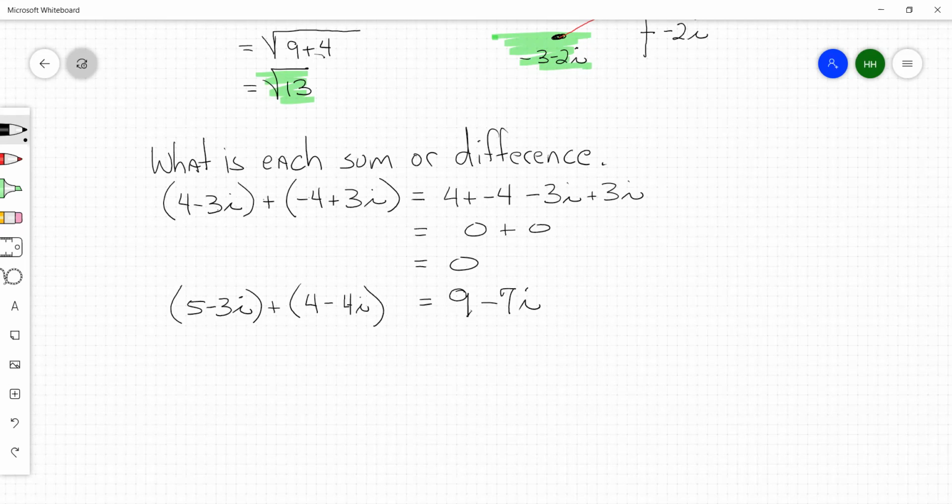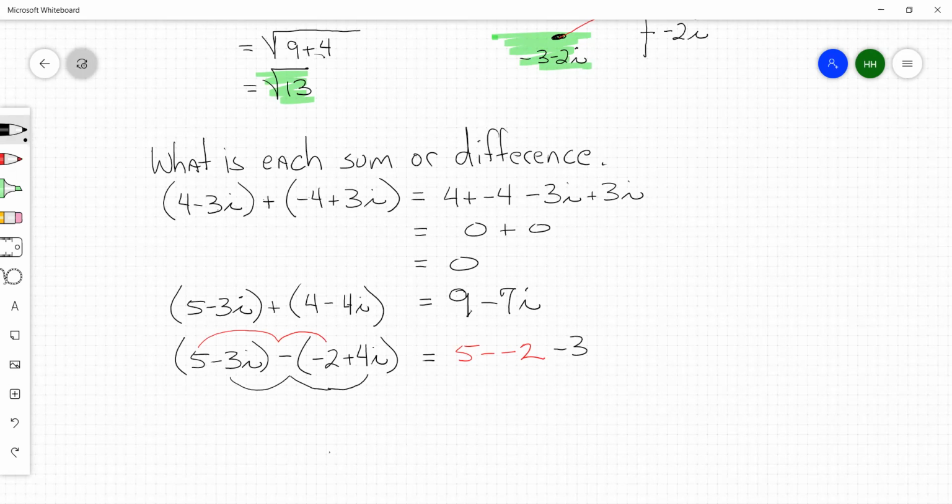All right, if you're subtracting and you've got 5 minus 3i again, and you're subtracting negative 2 plus 4i, what you have to be really careful of is you got a 5 minus a negative 2. And then you've got a negative 3i minus a 4i.